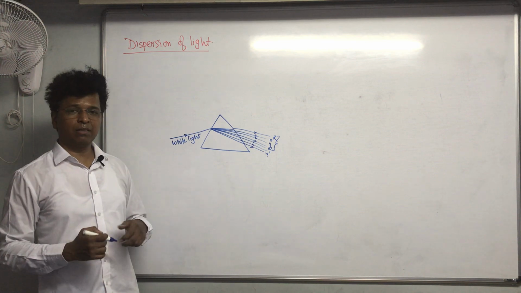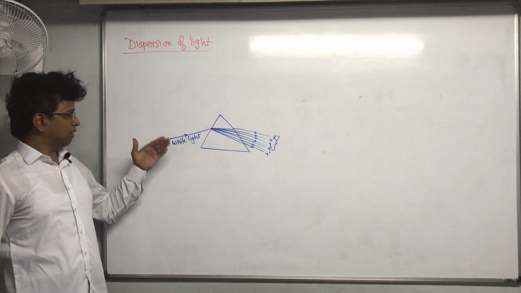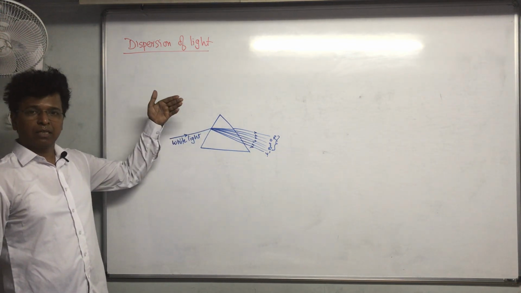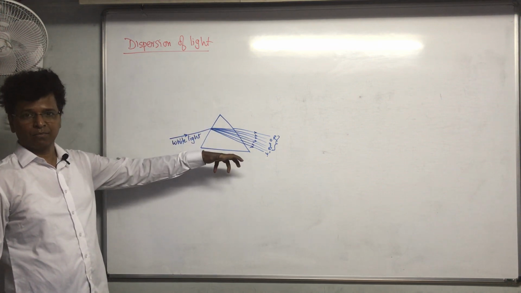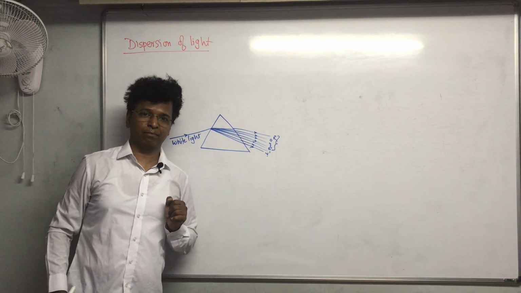So this basically is called dispersion of light. When a white light is incident on a prism, it disperses into its constituent colors. This phenomena is called dispersion of light.